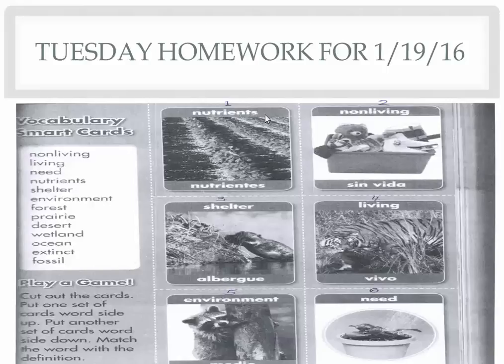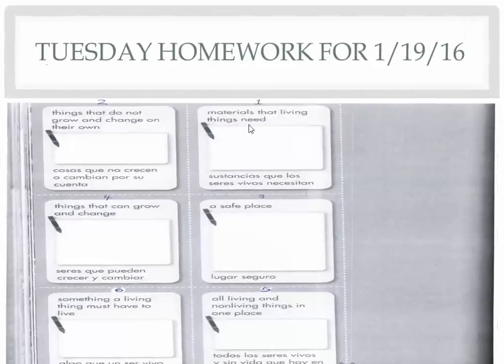So for example, the other worksheet will give you all the definitions for all of these vocabulary smart cards. So what does nutrients mean? Nutrients mean materials that living things need.